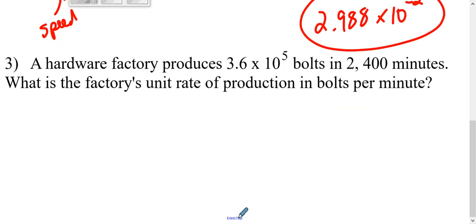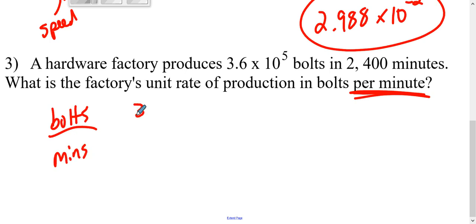The third one: a hardware factory produces 3.6 times 10 to the fifth bolts in 2,400 minutes. What is the factory's unit rate of production in bolts per minute? Unit rate, that goes back to 7th grade. If you remember, to figure out unit rate, you have to divide, and whichever unit says per goes on the bottom. So this one is going to be bolts over minutes.